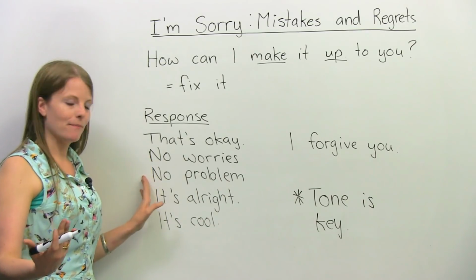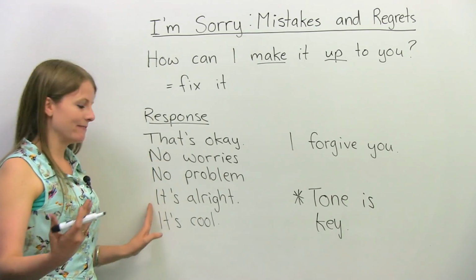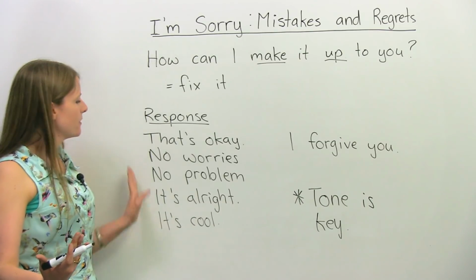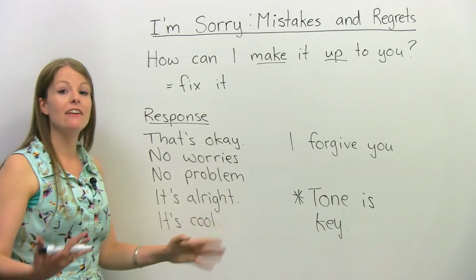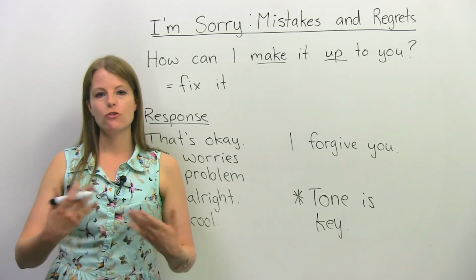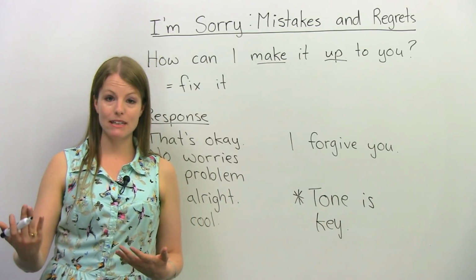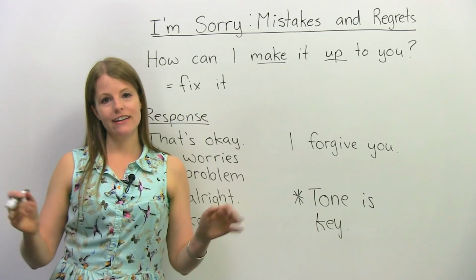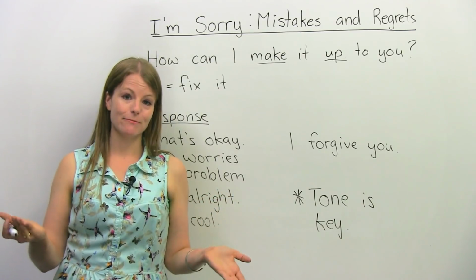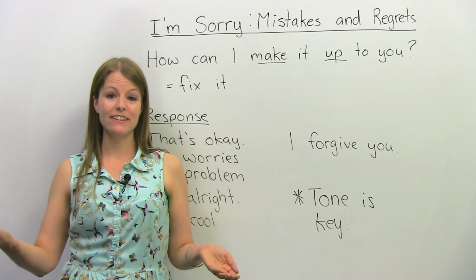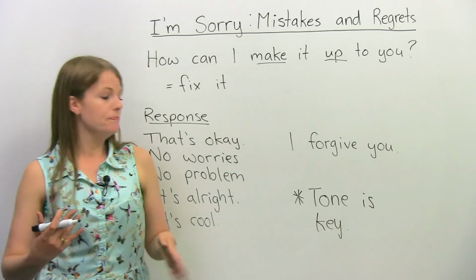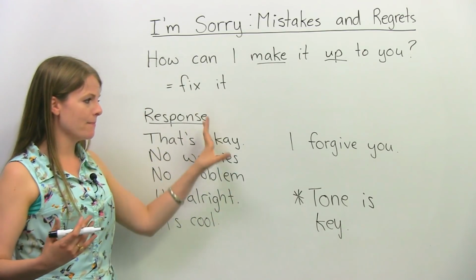No problem. It's all right. It's cool. These are very common informal things we might say to our friends or maybe our family. It's okay. It's all right. It's all good. We sometimes say that too. It's all good.